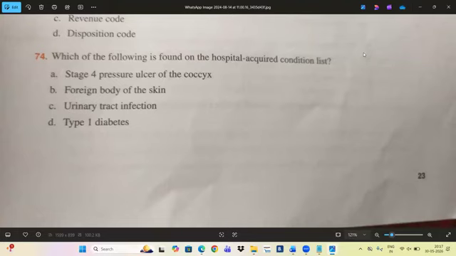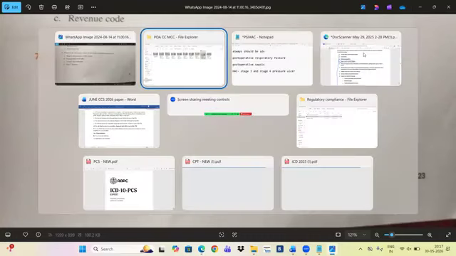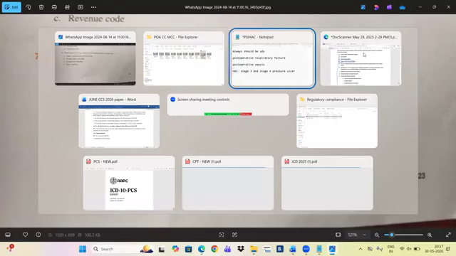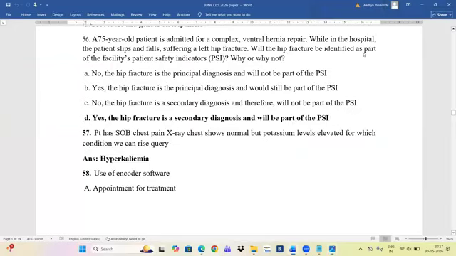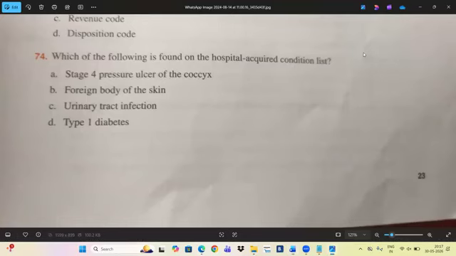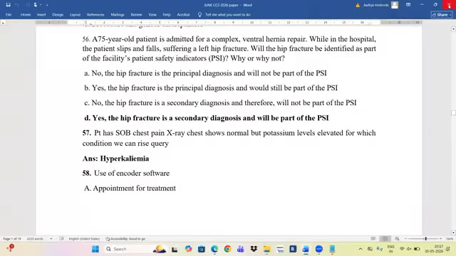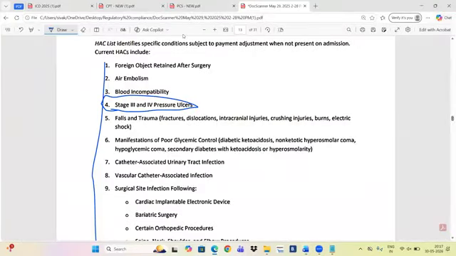Stage 4 pressure ulcer should be the HAC condition. Either stage 3 or stage 4 you will get in the exam. One question you will get from PSI, one question from HAC. Got it? Simple. They will give some diagnosis names and ask which of the following is a part of PSI or HAC. We have the list of PSI and HAC diagnoses in the regulatory compliance domain, in the Dark Scanner, domain 4 related.